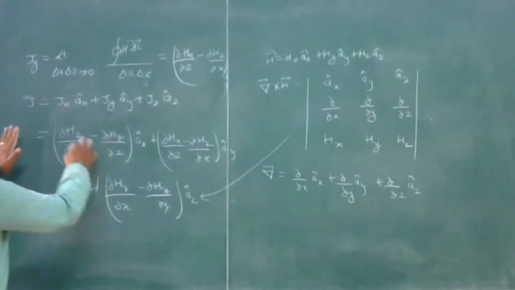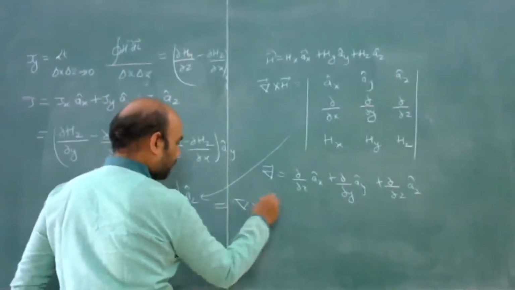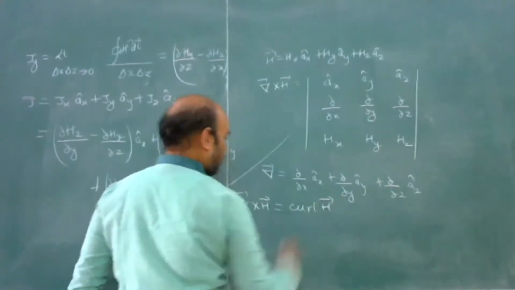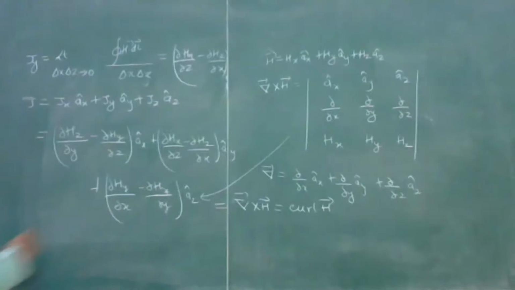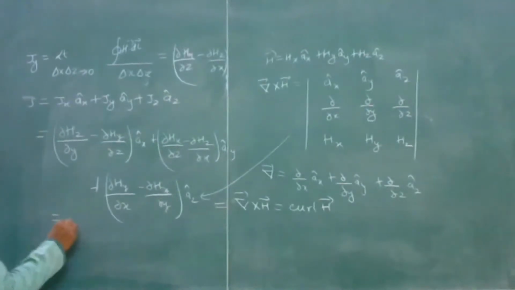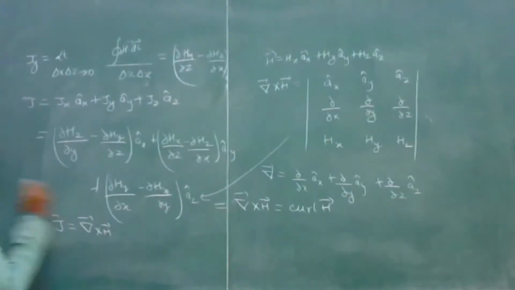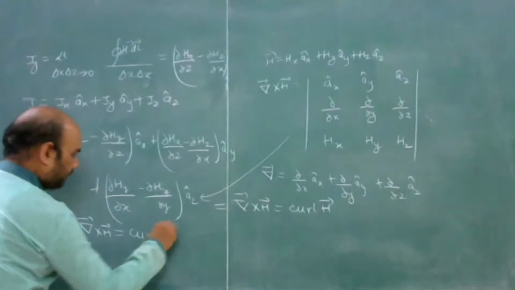So this is equal to curl of H. So from this we can conclude J is equal to the vector operator cross H, that is, curl of H.